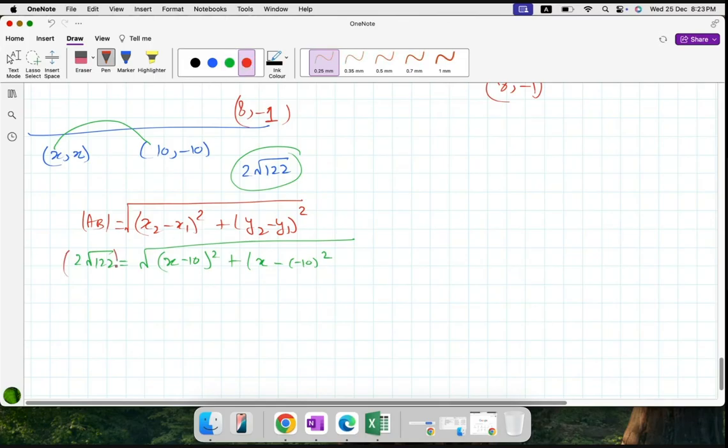And then I square both sides to get rid of the root. This is 4 into 122, equal to, the root cancels out. This is a squared plus b squared minus 2ab. And this is minus minus plus. So that's a squared plus b squared plus 2ab.